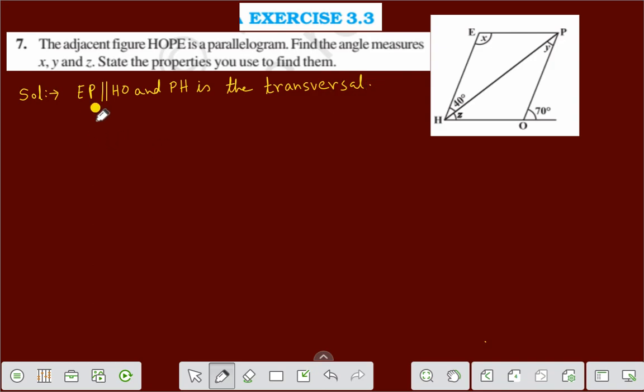Therefore, we can write that y is equal to 40 degrees.